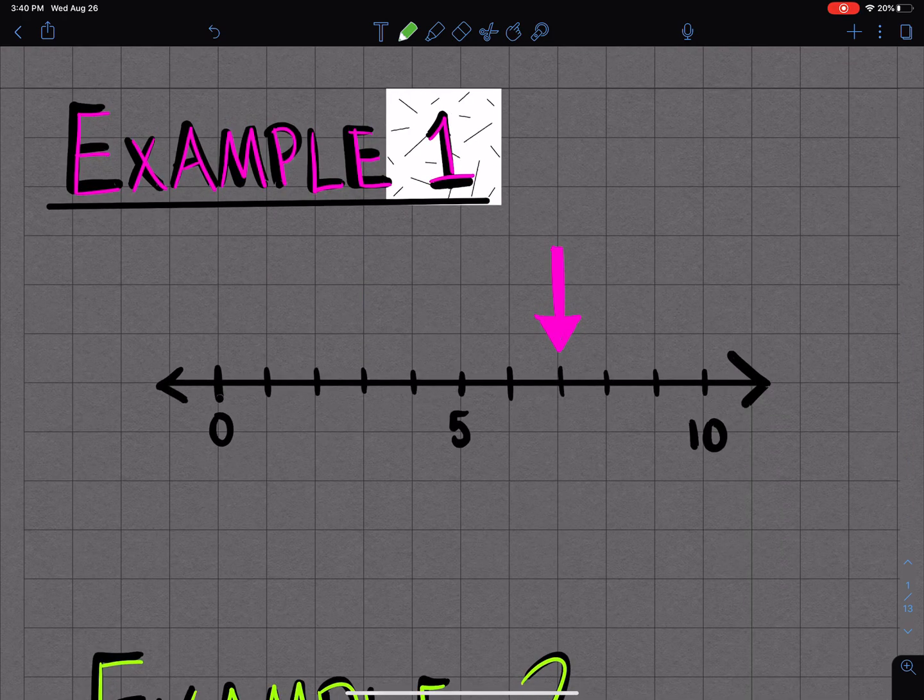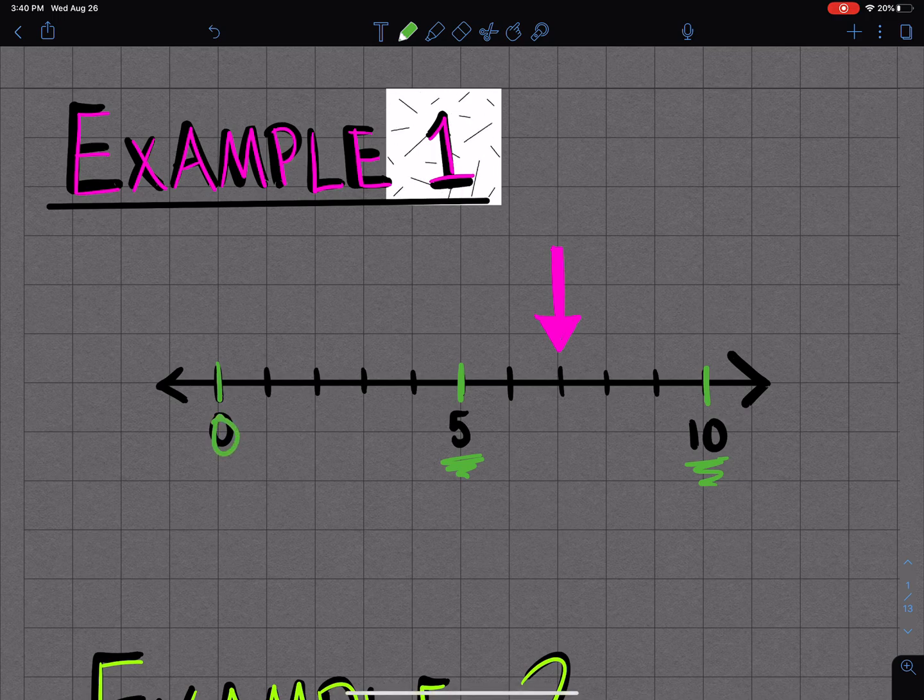Let's go to example 1. Example 1 wants to know what number is the arrow pointing to. So the trick to figuring out these problems is to look at the values that they give to us. Like right here is 5, and right here is 10, and over here is 0.